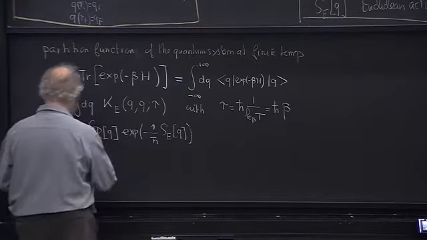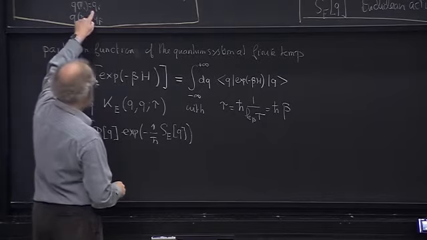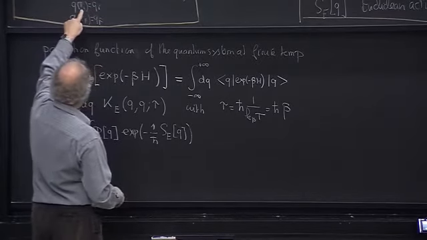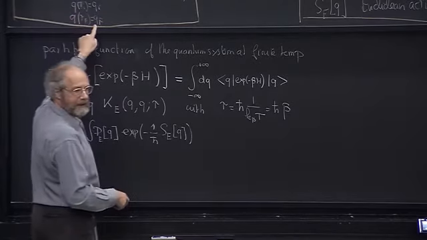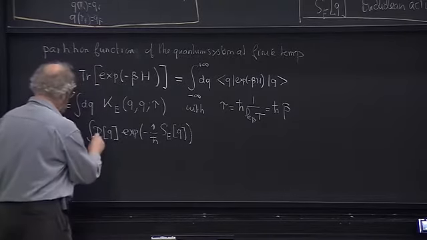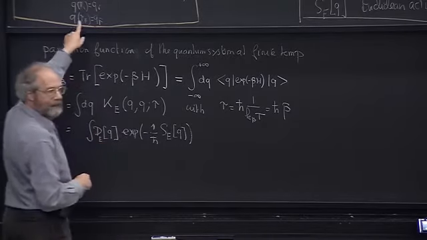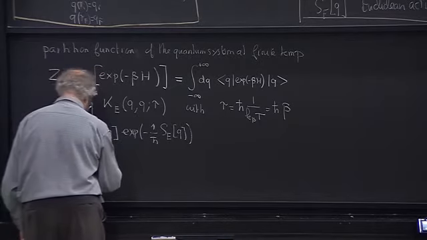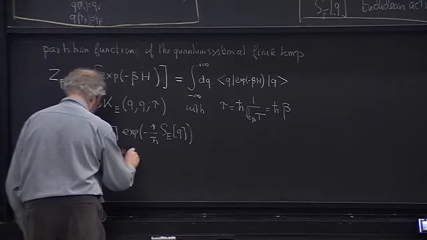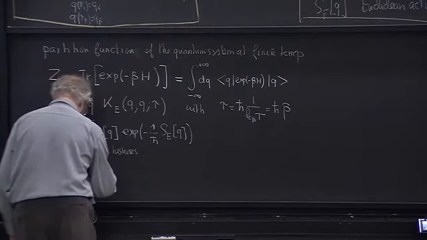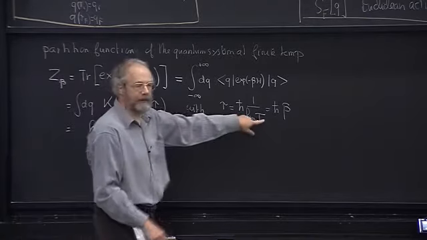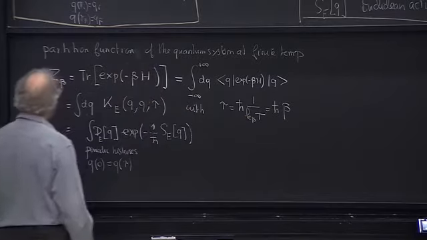What's the difference between this one and the previous one is that we enforce that q at the initial time is the same as q at the final time, and we integrate over q. So the only constraint on the path is that we have periodic histories, such that q at the origin is equal to q at time tau, with tau given by this relation.